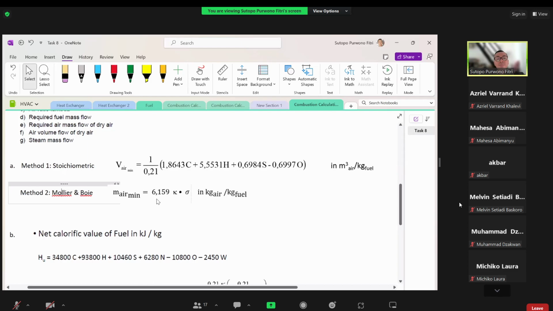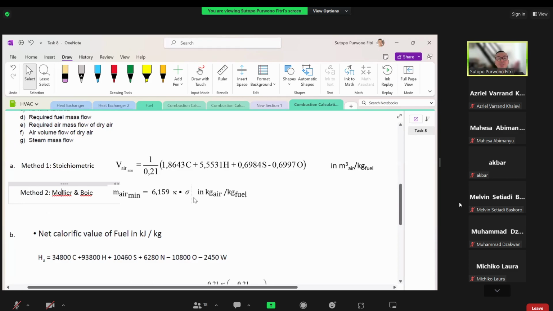But maybe I need to correct this symbol first. The minimum air mass equals 6.159 kappa, yeah, this is kappa, not K, and this is kappa and sigma, times sigma, in kilograms of air per kilogram of fuel.